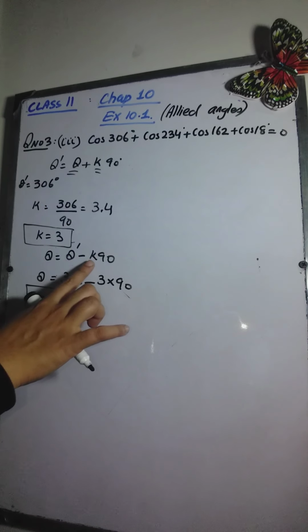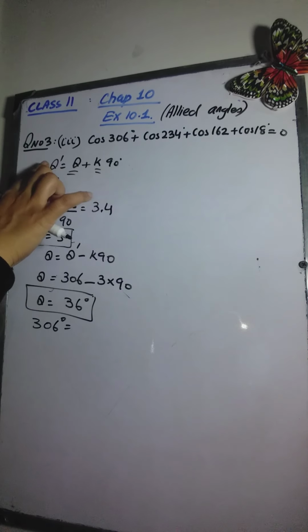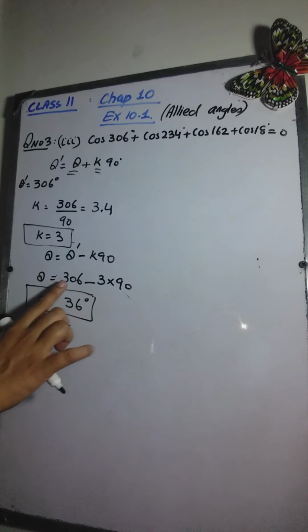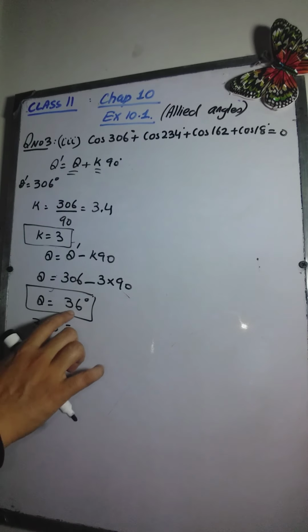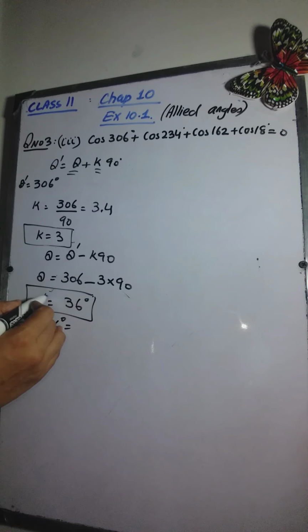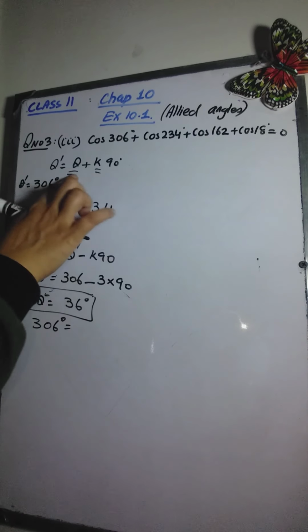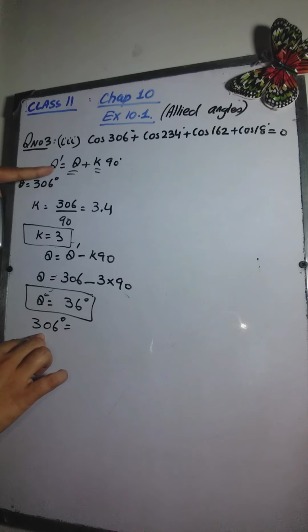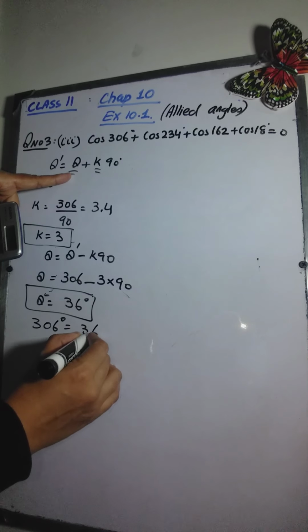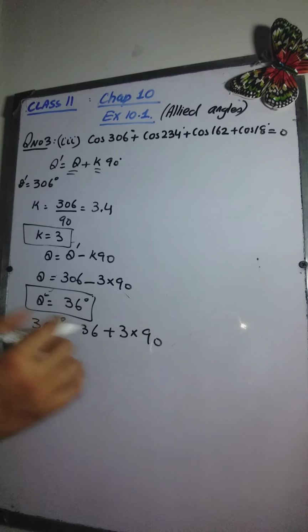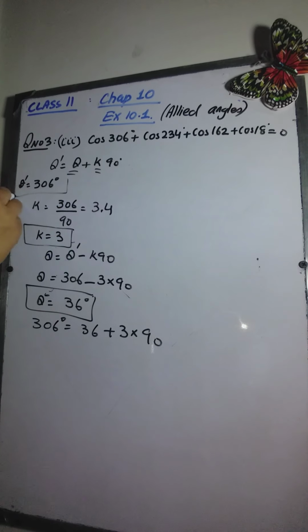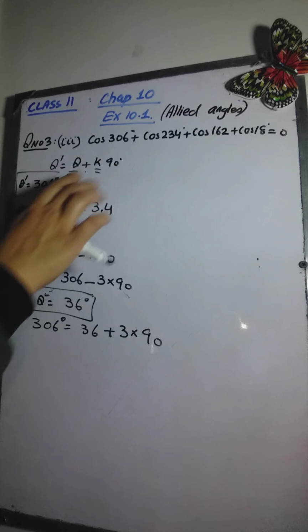With the help of k, by putting k over here and theta dash equals to 306, we can find the value of theta, which over here is 36 degrees. So it means theta dash, which is 306, can be written as theta 36 plus k, which was 3, times 90. So we have expressed this angle in this form.